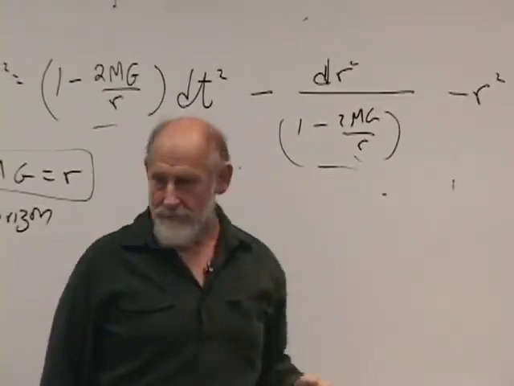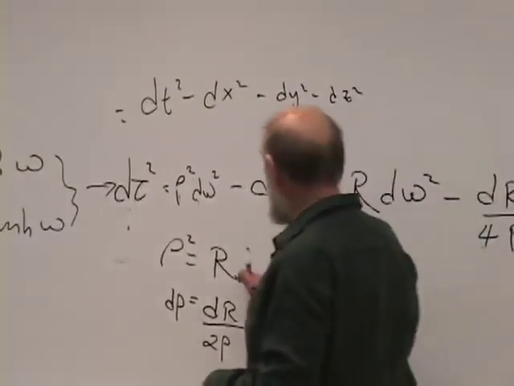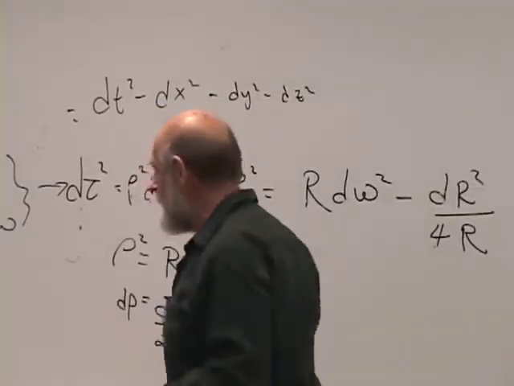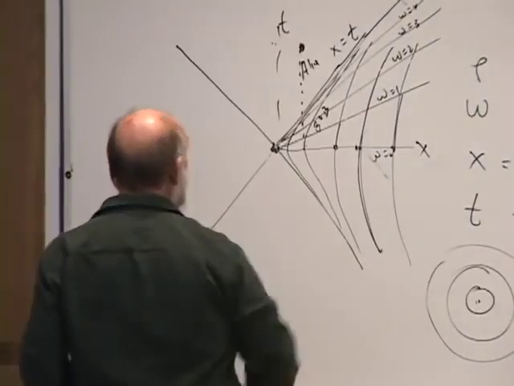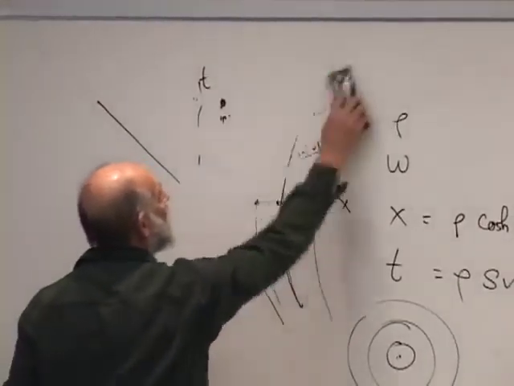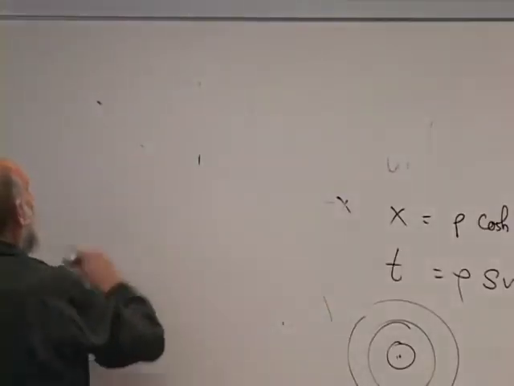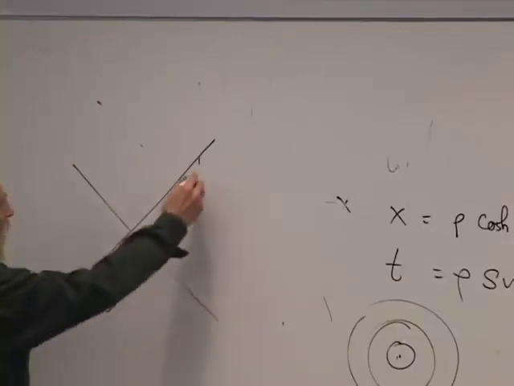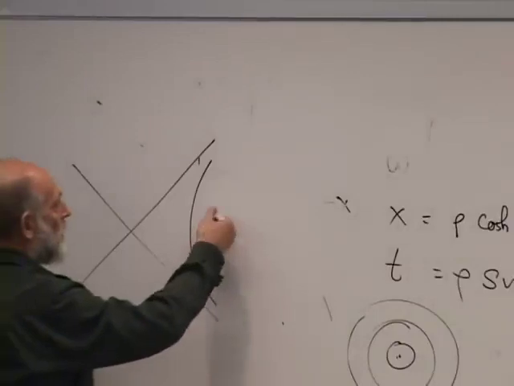So the question is, can we understand what r less than 0 means? R is rho squared. How can rho squared be less than 0? Okay. The point is, rho squared less than 0 is up in here. Let's see if we can understand why that is. Each one of these hyperboloids, or hyperbolas, corresponds to, let's see what it is.